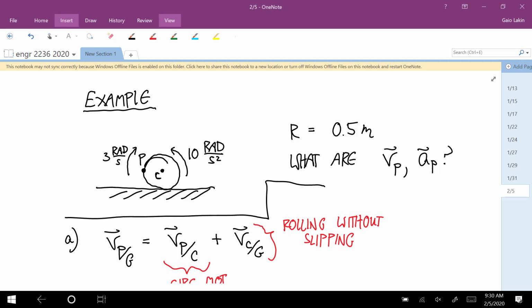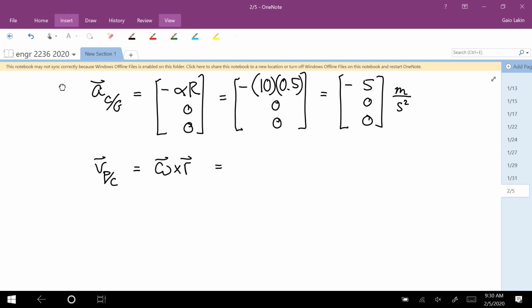Right-hand rule says that our coordinate system for these kind of problems is always y-axis out of the surface, x-axis parallel. So z-axis is coming straight out towards us. So this is 0, 0, negative 3.